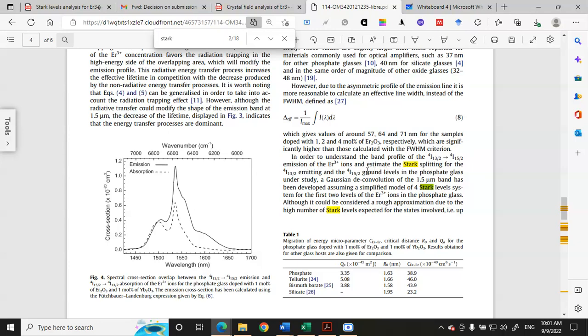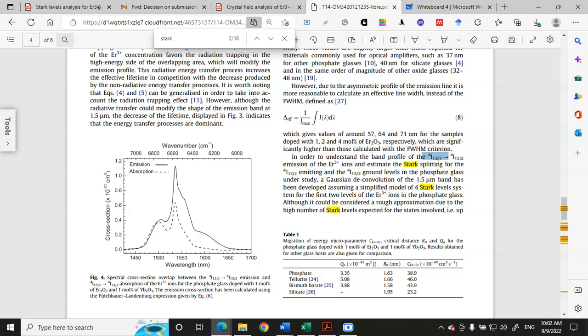This paper is here in order to understand the band profile. For Er3+, the 4I13/2 transition is one that has Stark levels. Some others have them too, but for 4I13/2 it is not confirmed, though usually there are, because it is a broad peak, strangely, not sharp but broad.